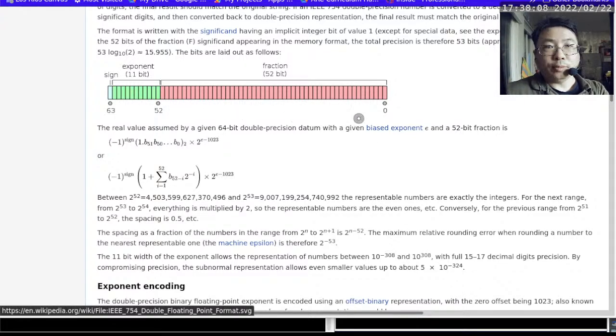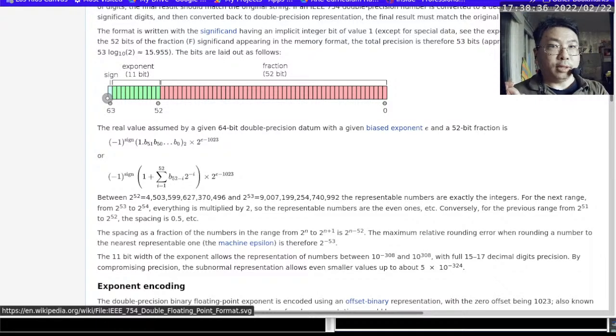We have bit 0 all the way on this side because we put all the least significant digits on the right hand side and the most significant digit on the left hand side. But you have to be careful, because this by itself is not a 64-bit number per se, because it's really just three sections. There are three individual components that make up the 64 bits.